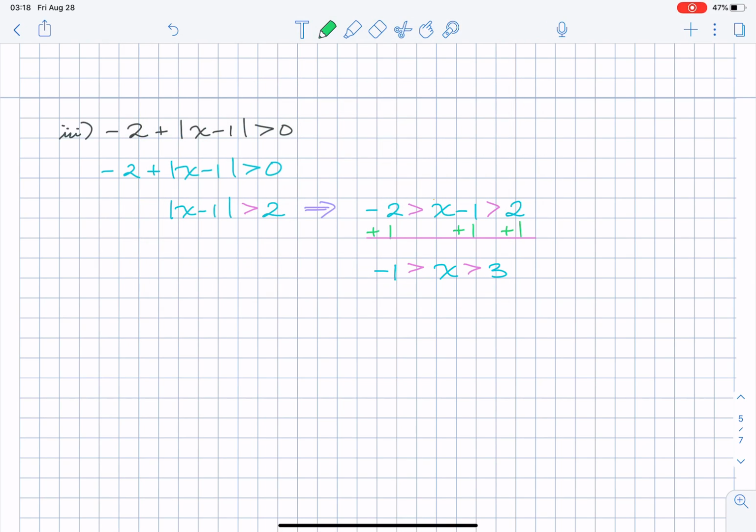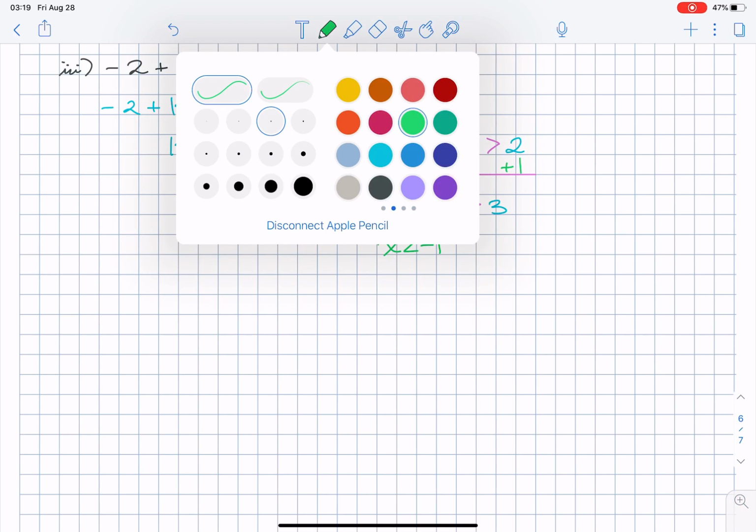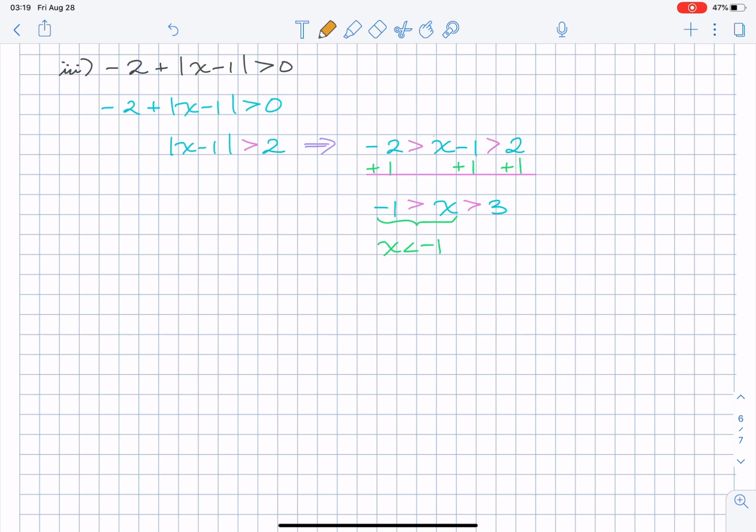Once again, if -1 is greater than whatever x is, then x is less than -1. Similarly here, x is larger than 3.